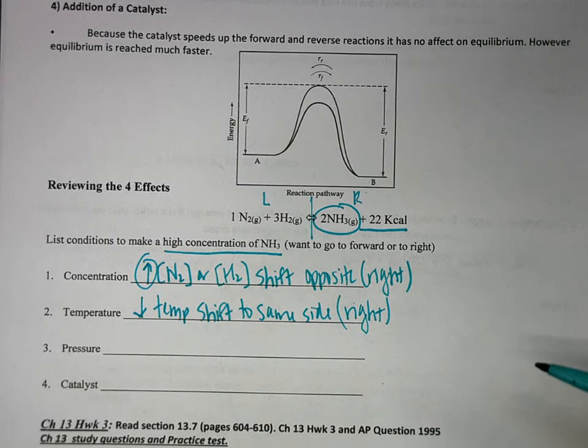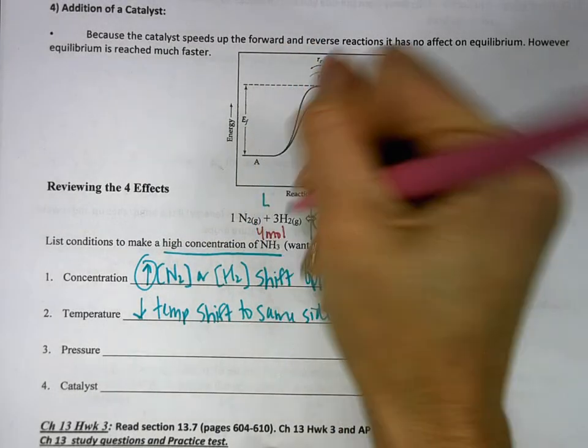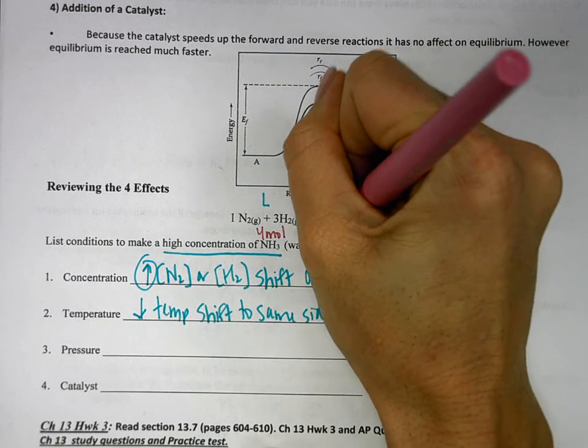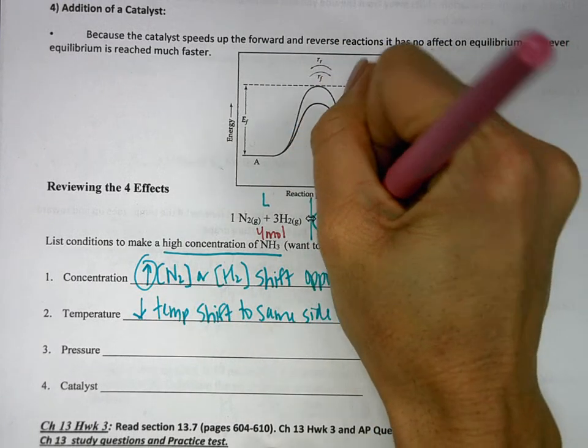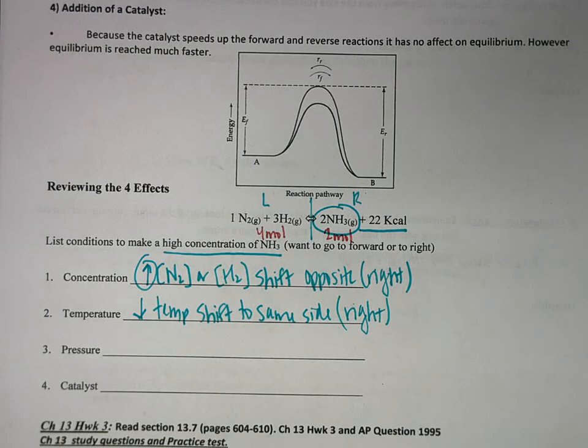All right, pressure, here's my fun one. The first thing you'll want to do is know how many moles of gas you have on each side. We have 4 moles of gas on the left, and we have 2 moles of gas on the right. And remember, we want to shift to the right side, aka to the side with less moles of gas.